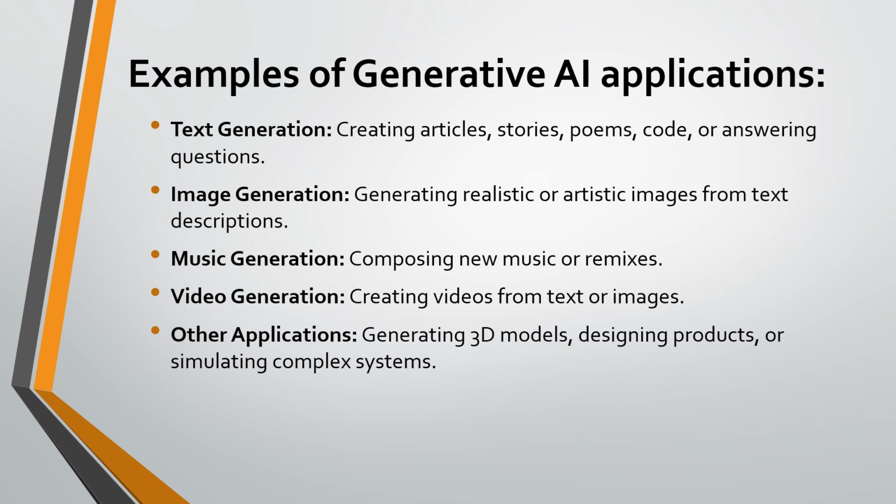So, image generation, generating realistic artistic images from the textual description that you give to the AIs. Music generation, composing new music and remixes. AI can do that also. Video generation, creating from the text or the images that you give to the AI. Based on that, it will create video for you.